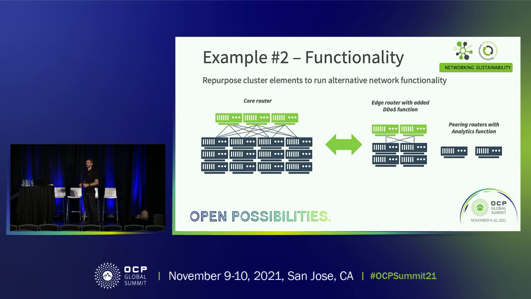And in this case, that could serve a different function. An edge router, you can add, say, in this example here, a DDoS function as a third-party network function, which is embedded on top of that implementation.